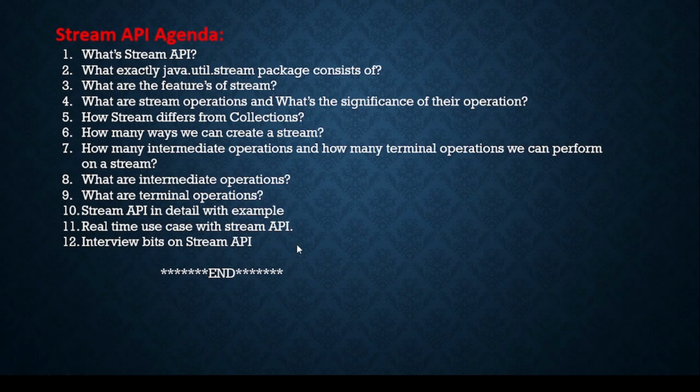Before working with the stream API, I recommend you watch my previous Java 8 videos: what is lambda expression, functional interface, method reference, all these things. Basically I focus on the java.util.function package, which I have already covered. If someone has not visited, he or she can visit.